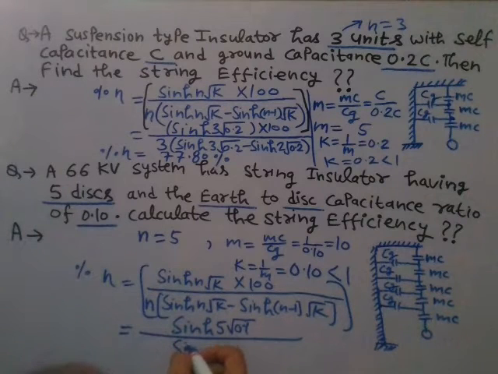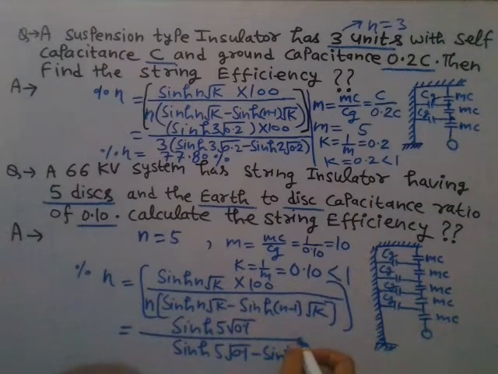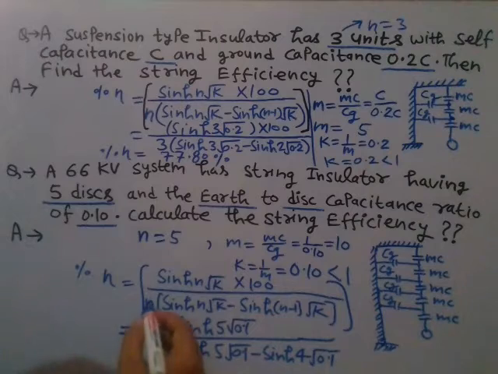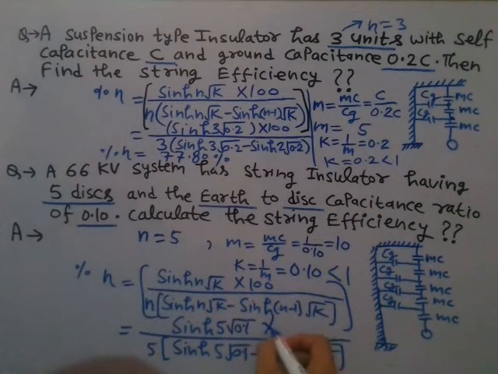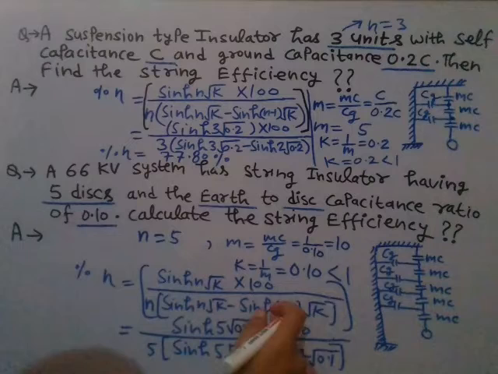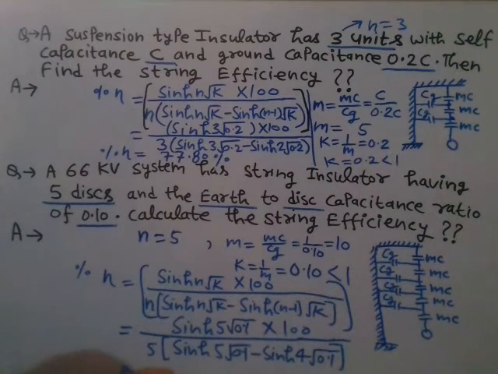Now sinh 5 root 0.1 minus sinh of n minus 1, that means 5 minus 1, that means 4, into root k, that means 0.1. n is basically 5, so divide by 5 and multiply by 100. When you solve this using the calculator, you have to use the sinh function.